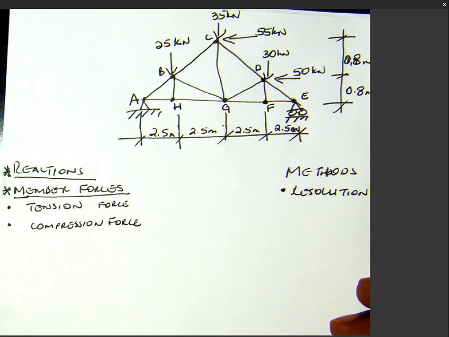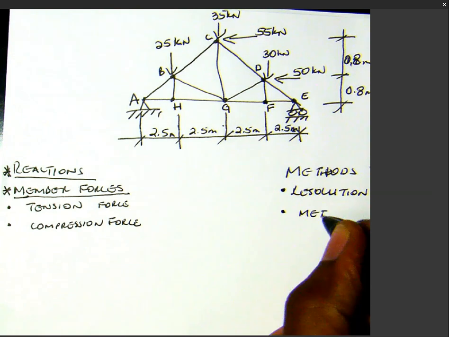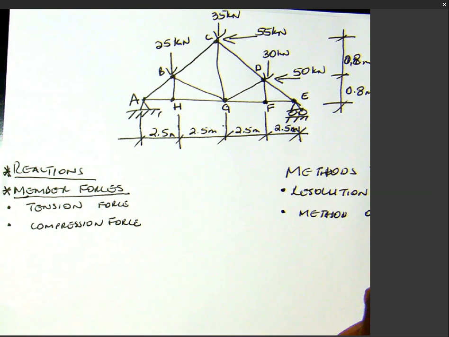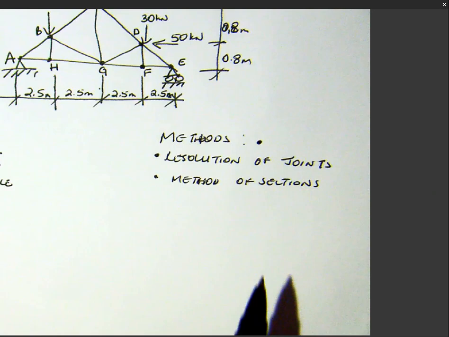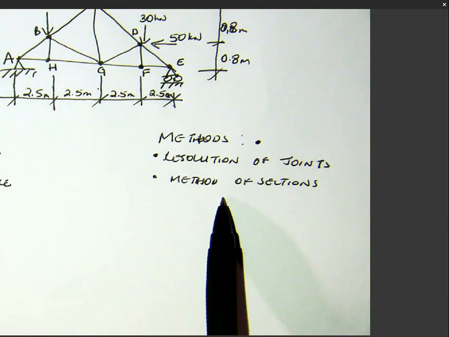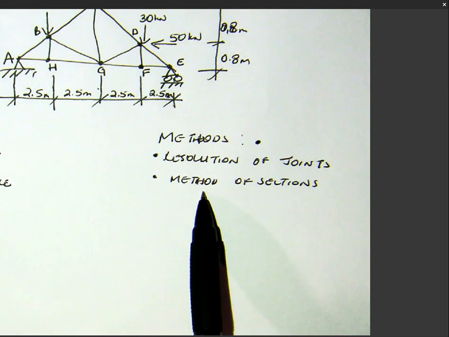The second one is method of section. Two methods: resolution of joints and method of section. You can combine them in that very same structure.